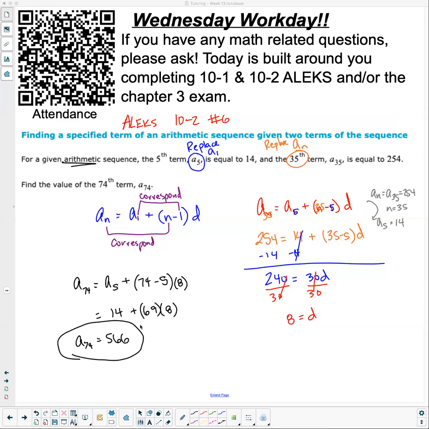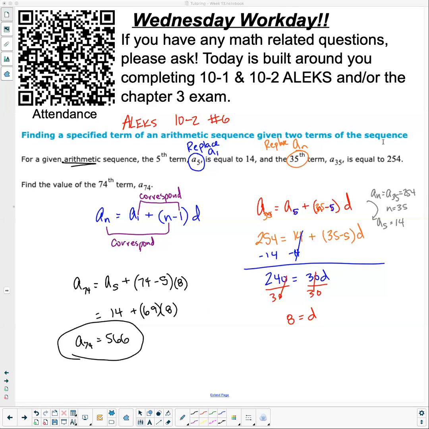And then when you come back over, we could have said that A74 would equal A5, which is 14, plus 74 minus 5 times that common difference of 8. And we could have got 566 without doing any of this algebra as well.